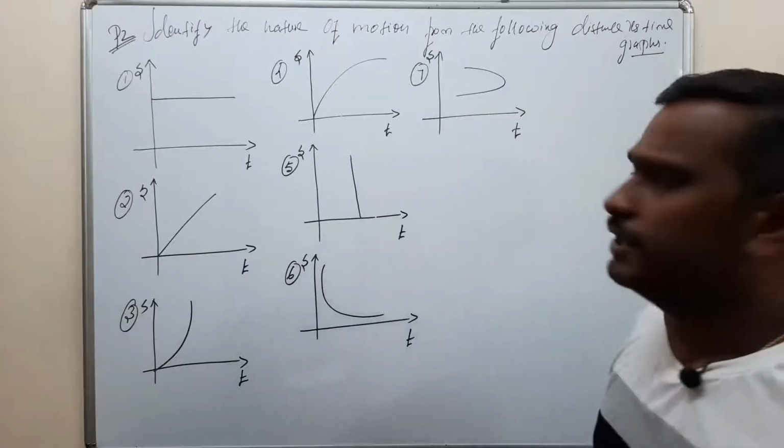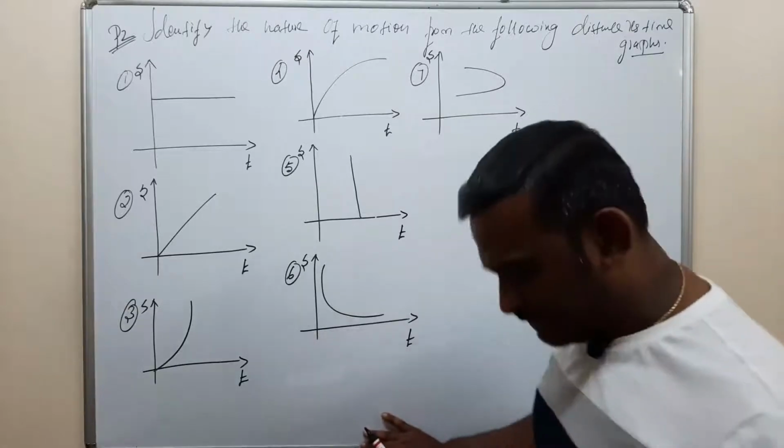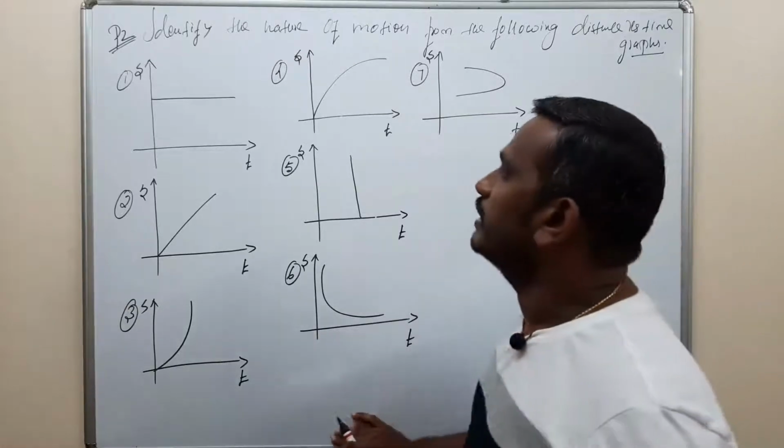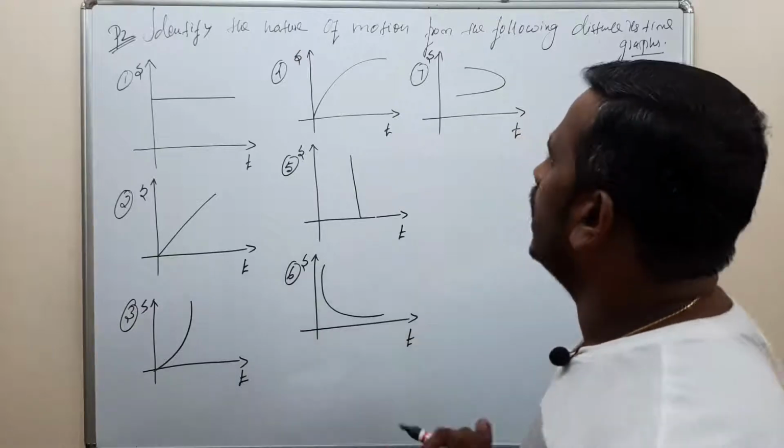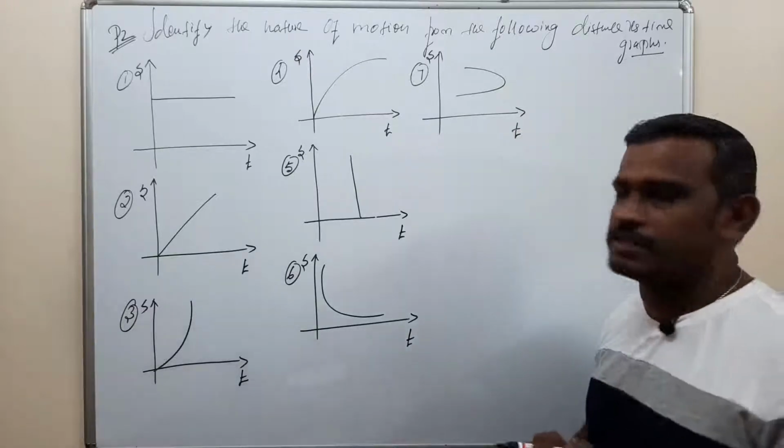So these are the following distance time graphs. Okay, distance time graphs. So we have to identify the nature of motion from these following graphs.